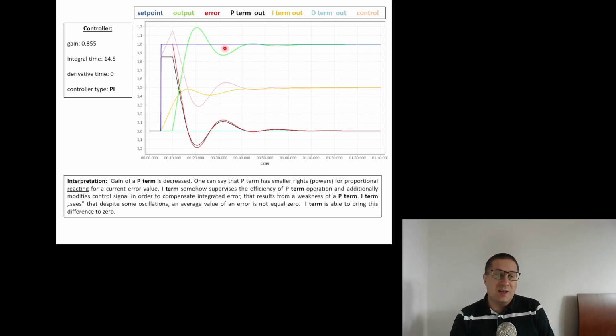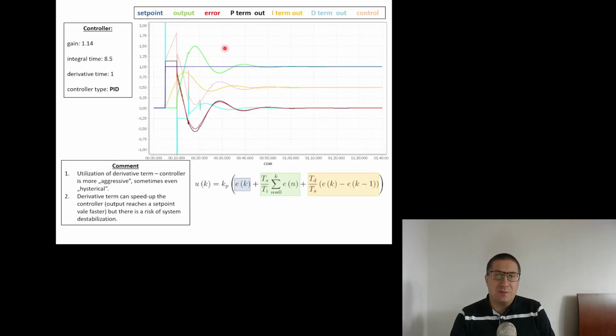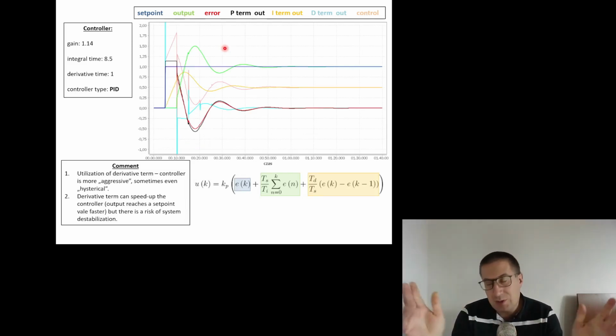That is why usually on the plants we will have PI controllers. Why not PID controllers? Why usually? Because sometimes you can have this D term as well. But we rather avoid this D term in the plants.